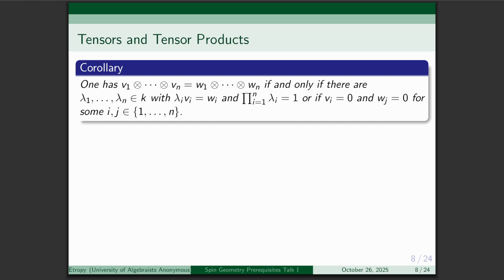So for example, if I took 1 tensor 2 and 2 tensor 1 in the tensor product of R with itself, then I can pull the 2 out of the second component, put it into the first, and then I see that those are the same, because then we'll have 2 times 1, 1 is 1, 2.